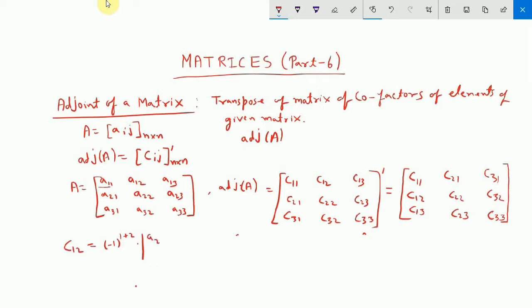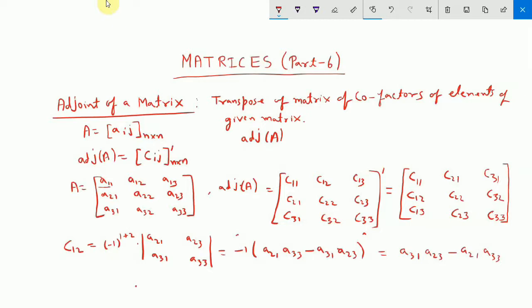So we will have A21, A31, A23, and A33. So after calculating the value of determinant, see this minus 1 to the power 3 will become minus 1, and after multiplying we will have A21 into A33 minus A31 into A23. Okay. So this will be A31 A23 minus A21 A33.